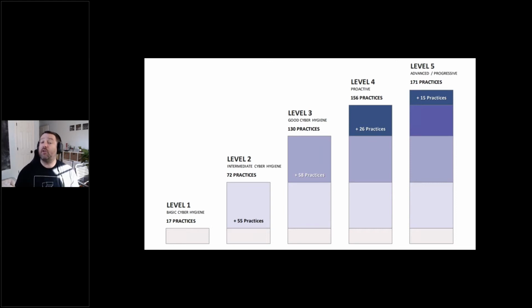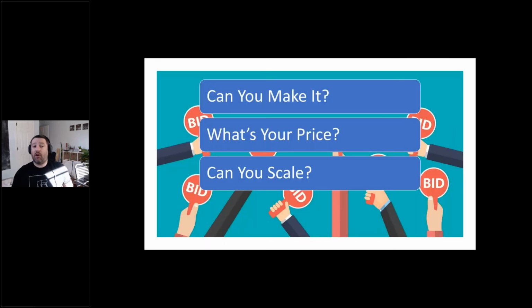Level 5 is 171 practices. So it gets steep really quickly in terms of the practices that organizations are going to have to show a third-party assessment organization, which means that our 3 questions have now become 4.